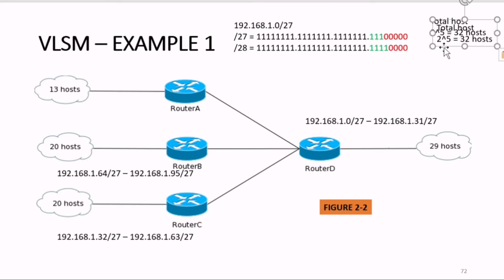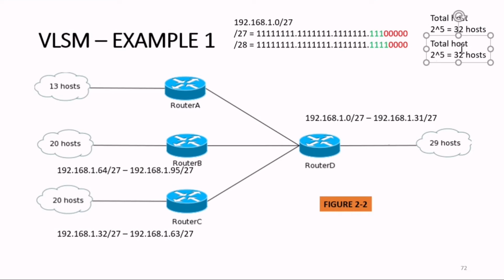So for /28 subnet mask, the total host is 2 power 4, which is 16. So the same number as this local address that requires 16 IP addresses.